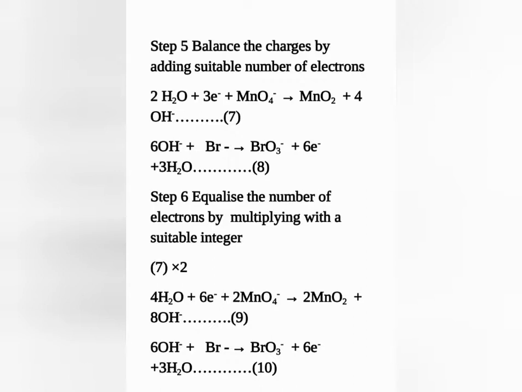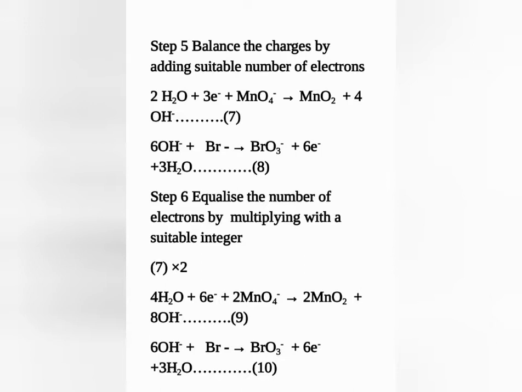There is no need to multiply the second equation with any integer, because if we multiply the first equation with 2, it will have 6 electrons itself. So the equation becomes 4H2O plus 6 electrons plus 2MnO4 minus gives 2MnO2 plus 8OH minus, and the second equation as such has no change: 6OH minus plus Br minus gives BrO3 minus plus 6 electrons plus 3H2O.